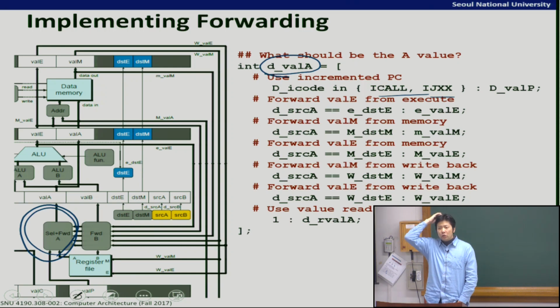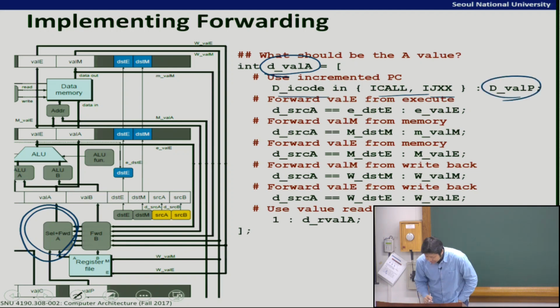Because call and jump do not really need any register source. Of course, the call instruction needs to access the stack pointer, but otherwise we can put this value as val P.